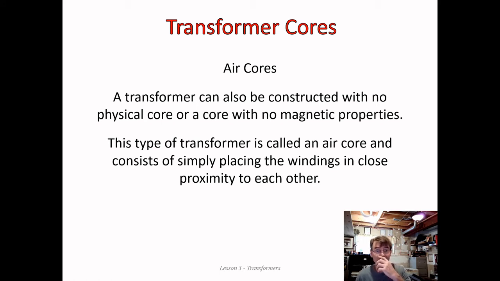If we don't have that highly permeable core, we're going to sacrifice considerably on the efficiency of the transformer. However, that chunk of iron adds a great deal of weight to the transformer, and if you need something light, an air core will accomplish that for you. So what are your needs? Air core is definitely an option.